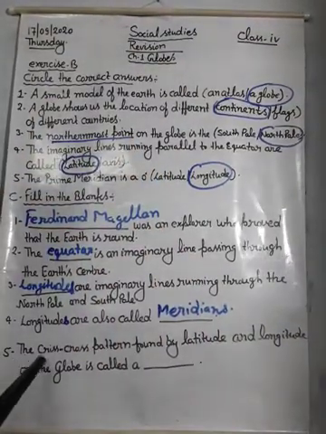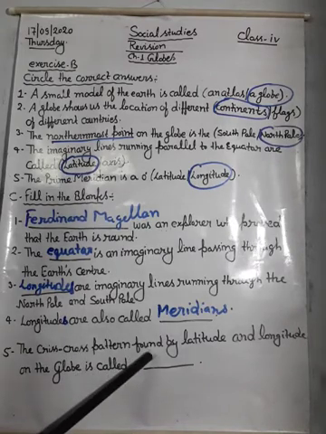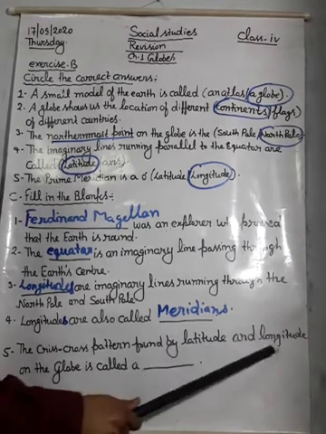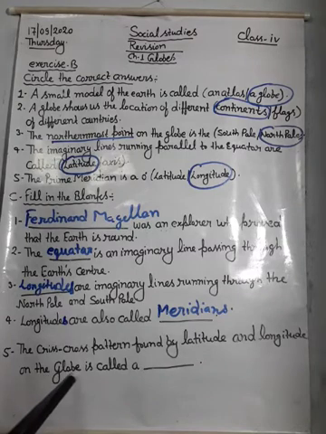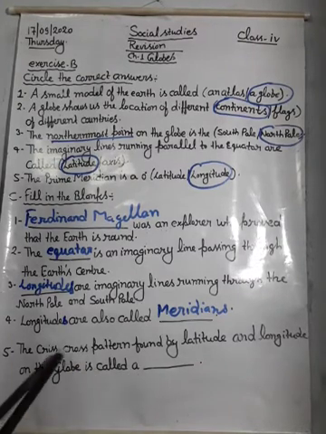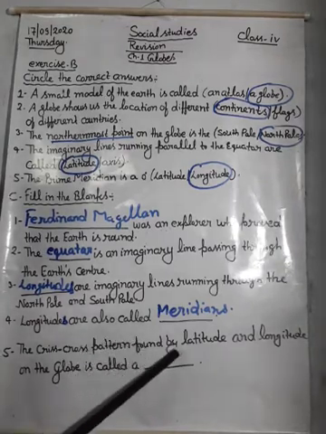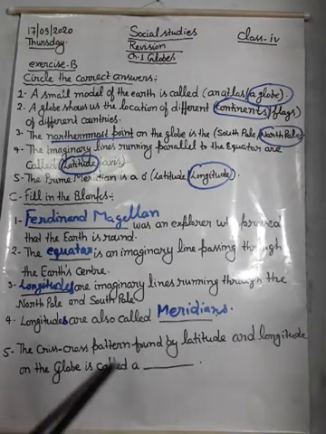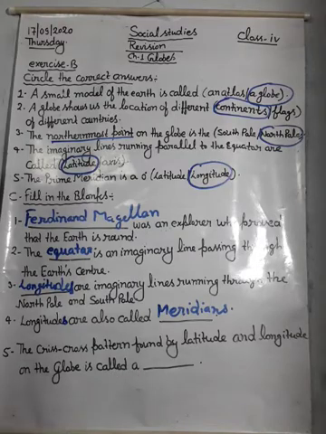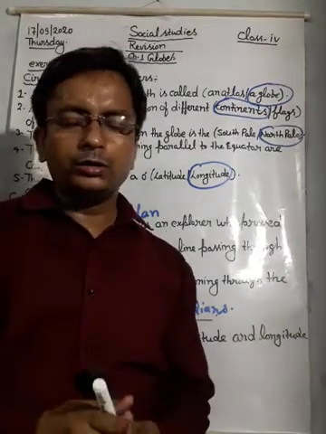Dash, the crisscross pattern formed by latitude and longitude on the globe is called a grid.